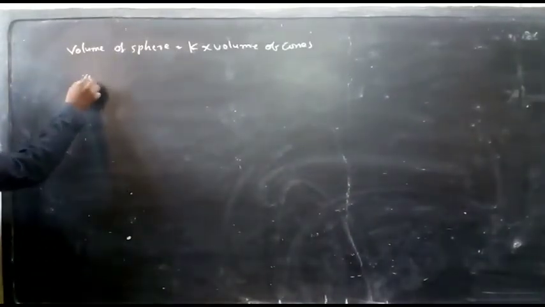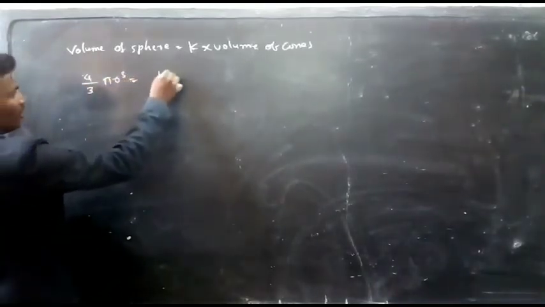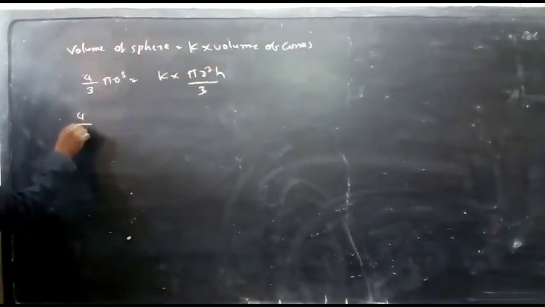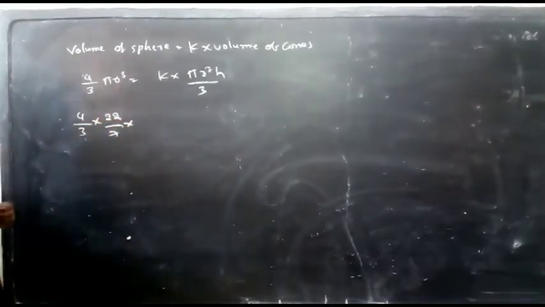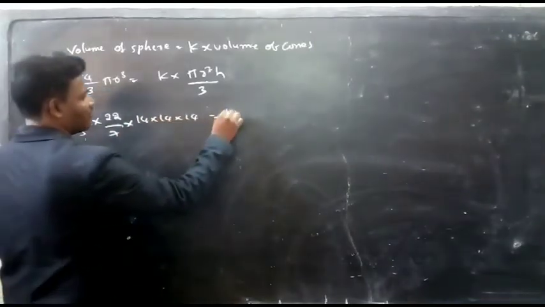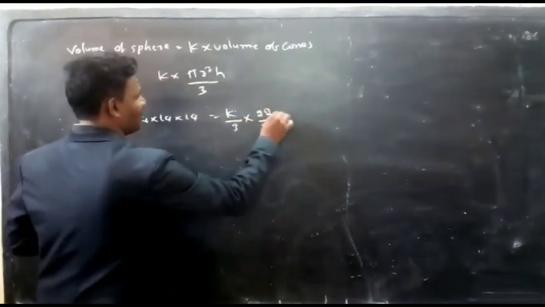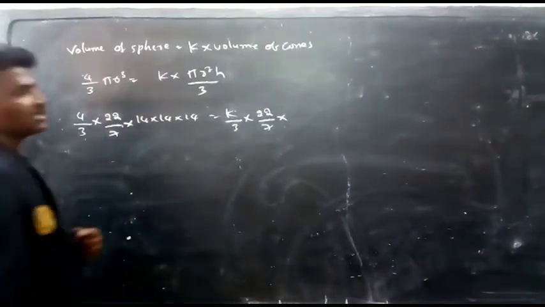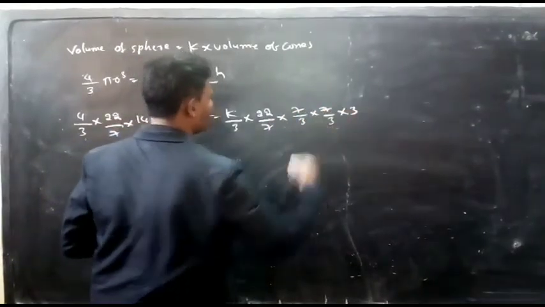Volume of sphere is equal to k into volume of cone. What is the volume of the sphere? 4/3 pi r cube is equal to k into pi r square h by 3. 4/3 into pi value 22/7 into 14 into 14 into 14 is equal to k into 1/3 into 22/7 into radius of the cone 7/3 into 7/3 into height of the cone 3 centimeters.